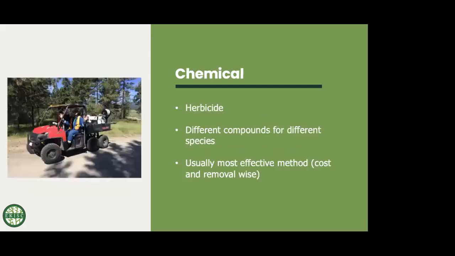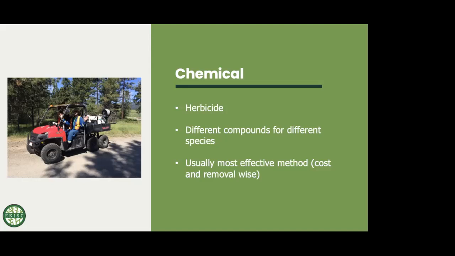Chemical. So this is the most effective method that we use to control invasive species. And it's definitely a controversial one. I was skeptical about it when I first started as well, using herbicides. I'm a plant lover, so I can see how it is a bit iffy, but when we have large quantities of invasive species, it's definitely our most effective method.